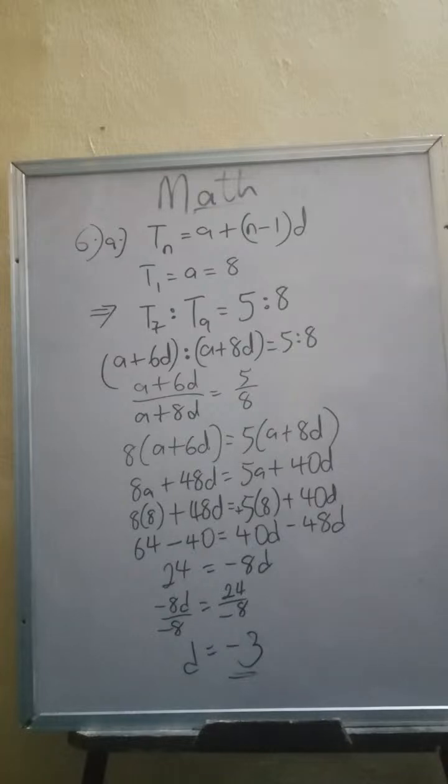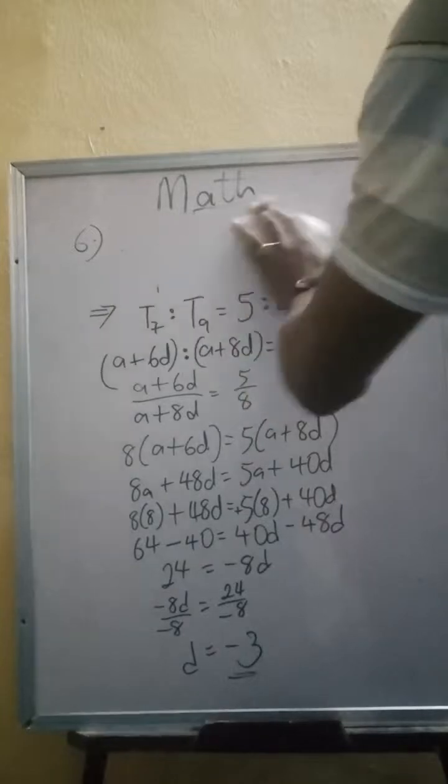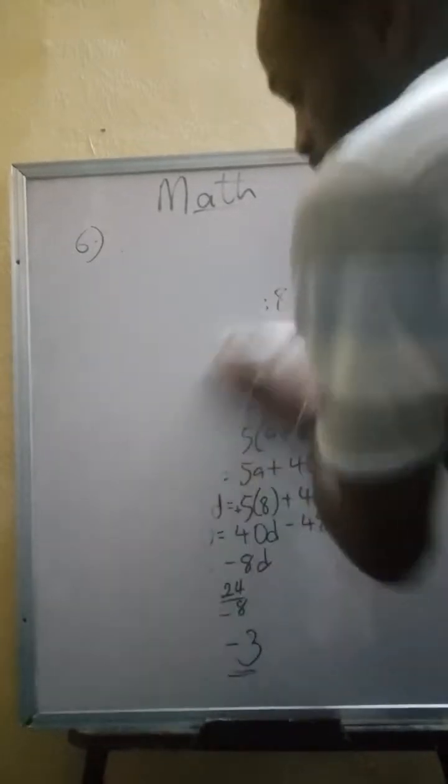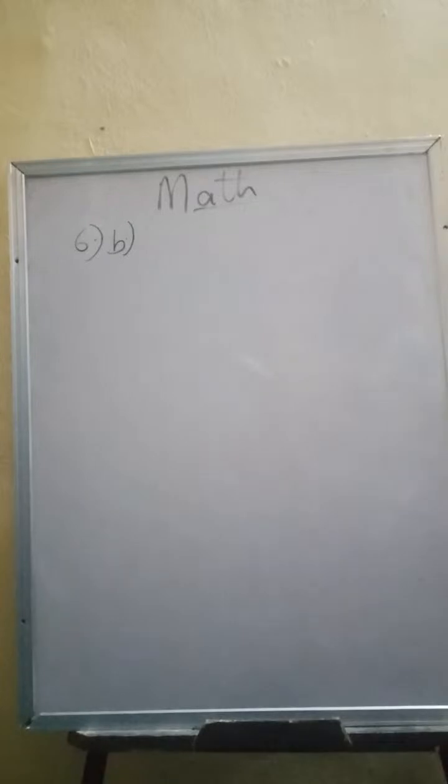Now, number 6b. It says a trader bought 30 baskets of pawpaw and 100 baskets of mangoes for 2,450 naira.